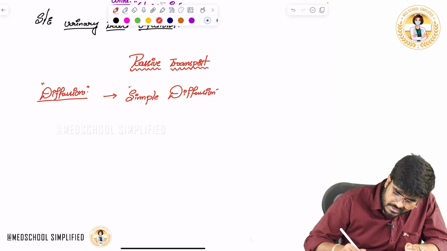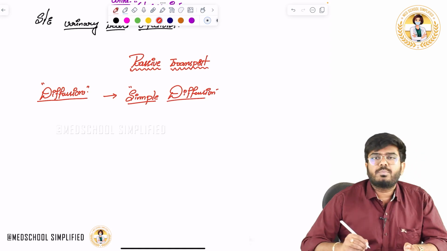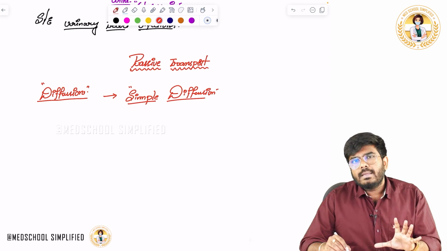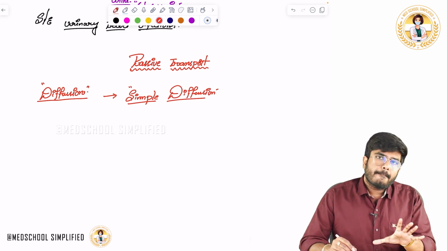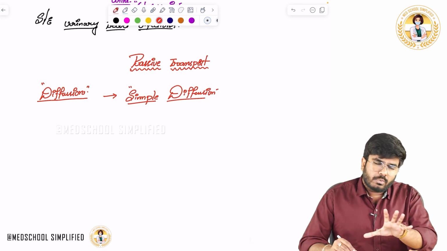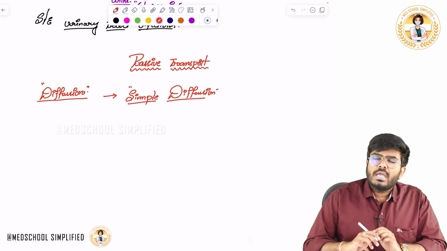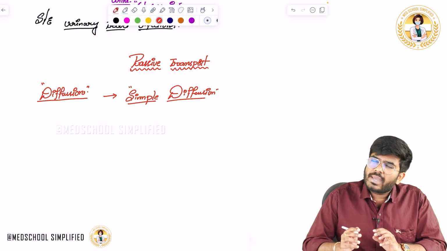Which substances are transported via simple diffusion? First of all, what is simple diffusion? Usually gases are transported in your body. Oxygen is transported from your alveoli to the tissues, and carbon dioxide is transported from your tissues back to the alveoli.